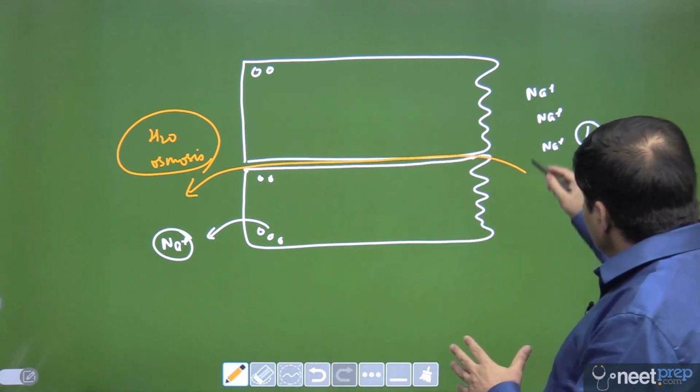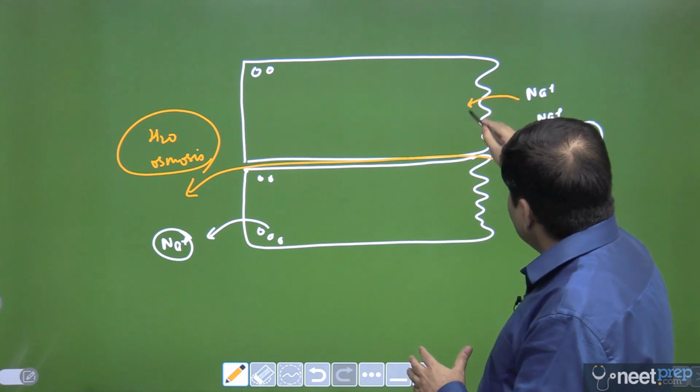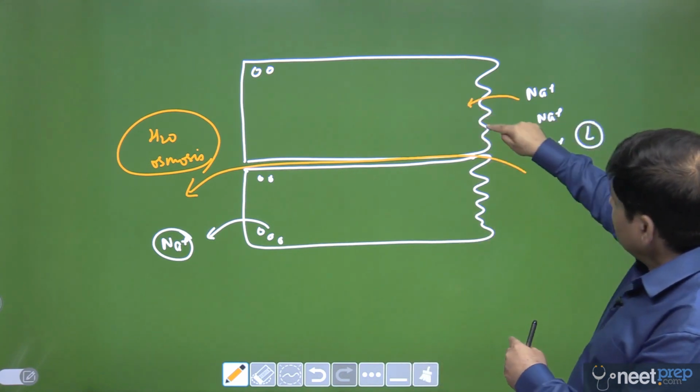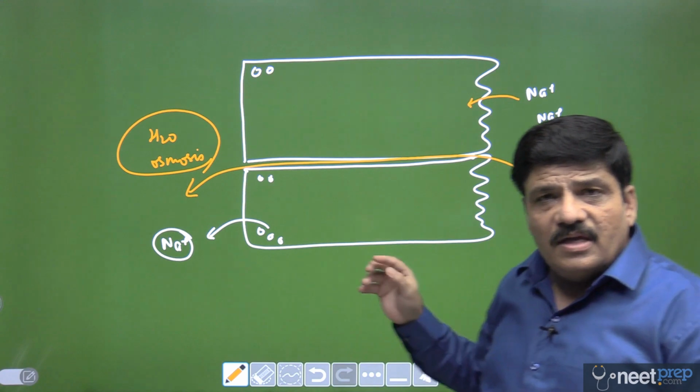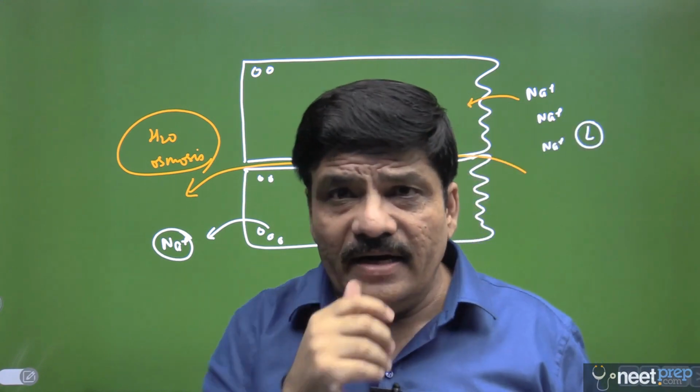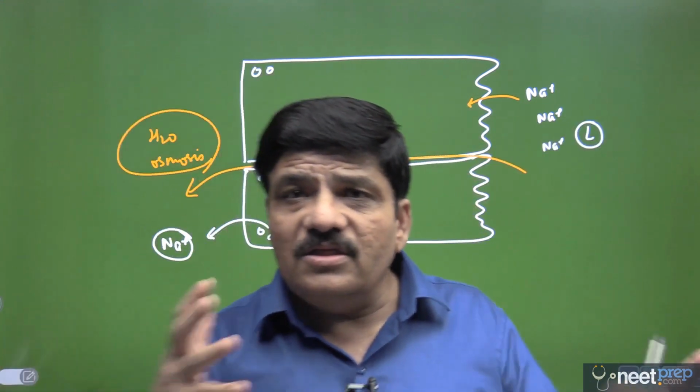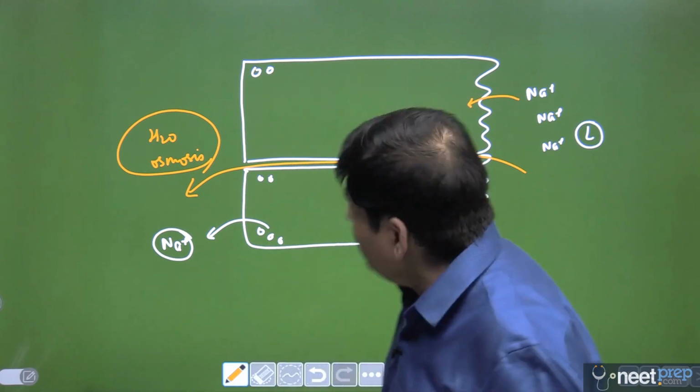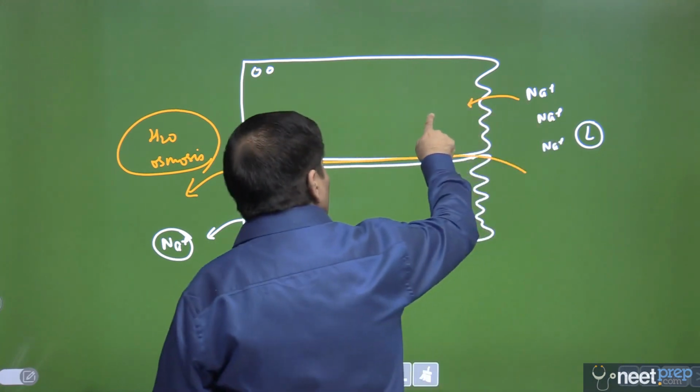Now the sodium is trying to enter into the cell, but the problem is that there is a cell membrane here, and sodium is an ion, a polar molecule. It cannot just diffuse across the cell membrane, even though it is going from a higher concentration to a lower concentration.